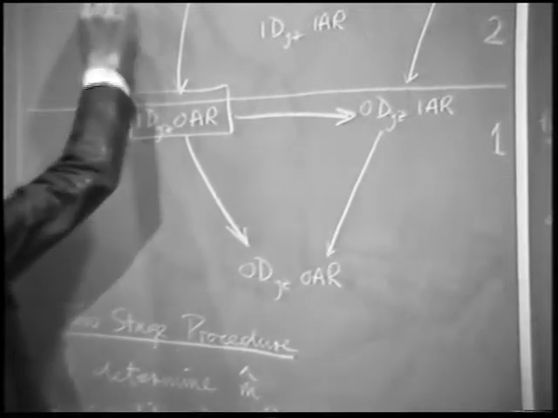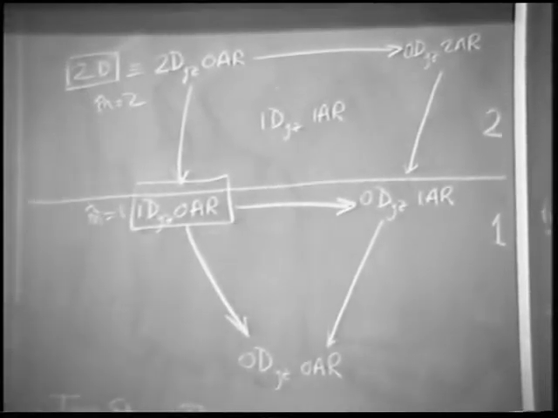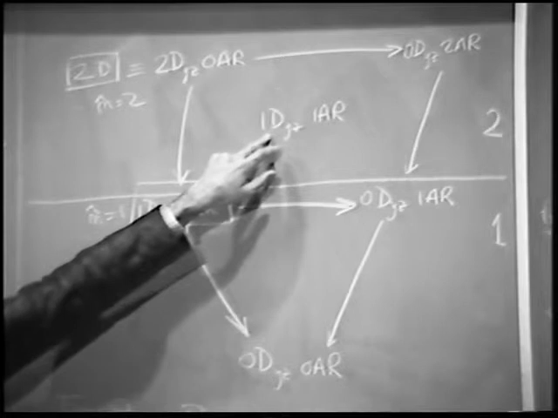If in fact M hat had been determined to be 2, then what is the best route to follow in testing second-order autoregression and first-order autoregression with first-order dynamics?